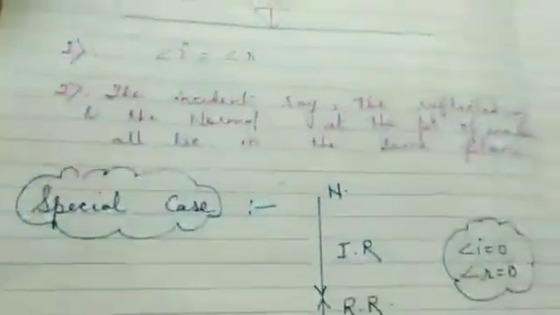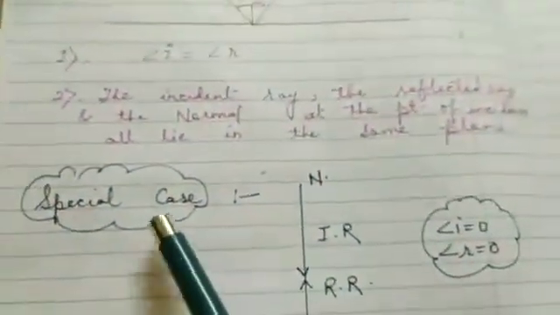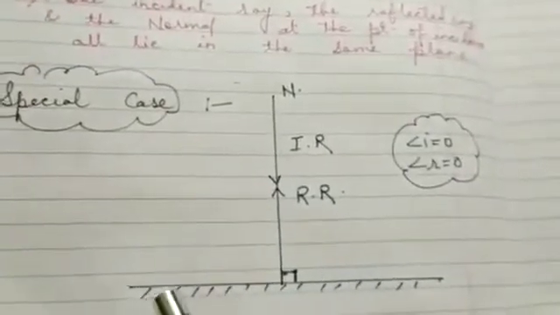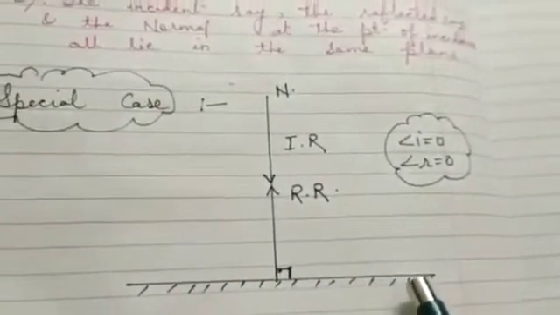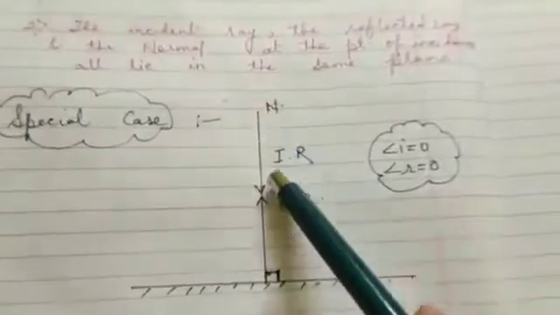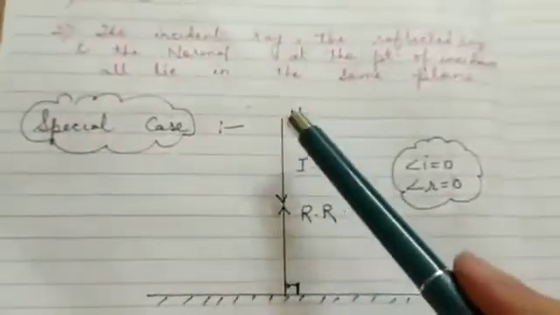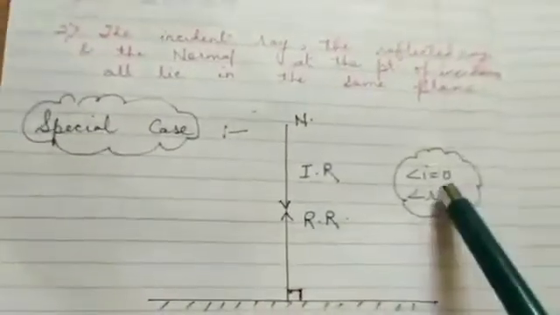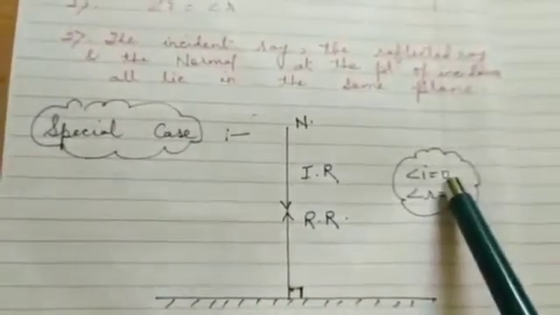Then here we have to consider one special case. If there is a plane surface and this one is the normal, suppose the incident ray falls on the plane surface making an angle of 0 degrees with the normal.